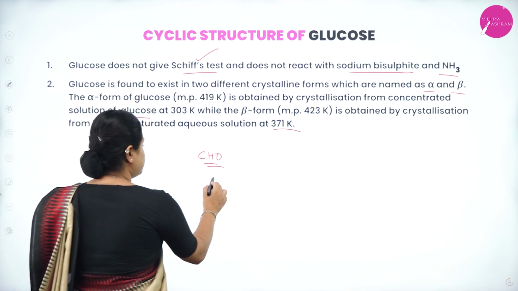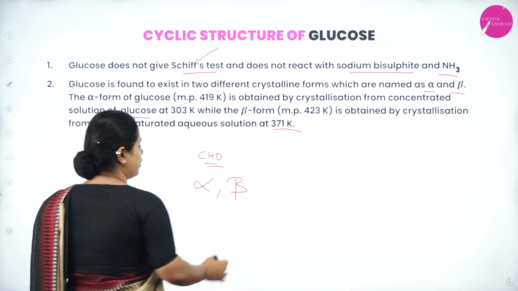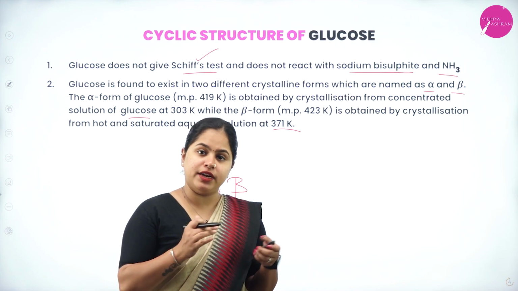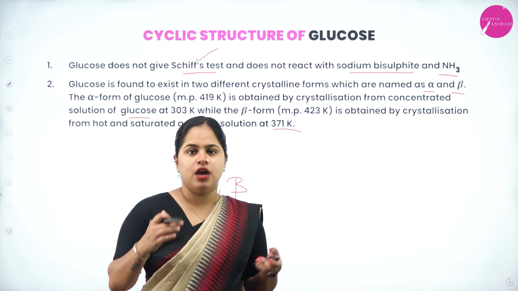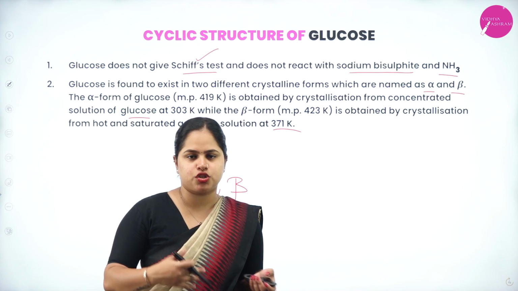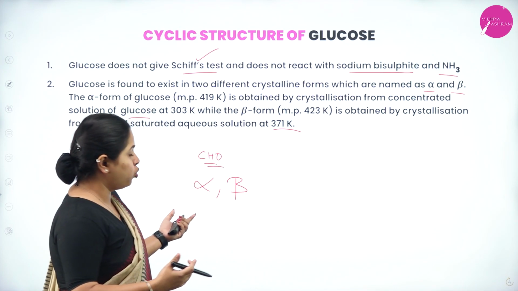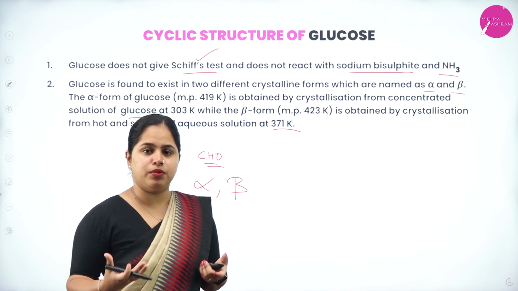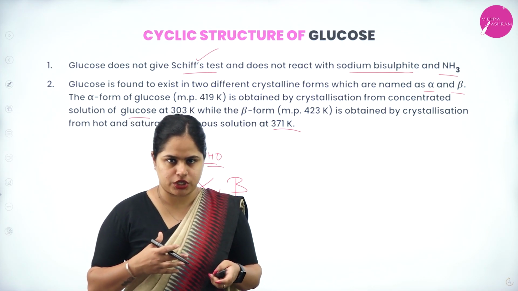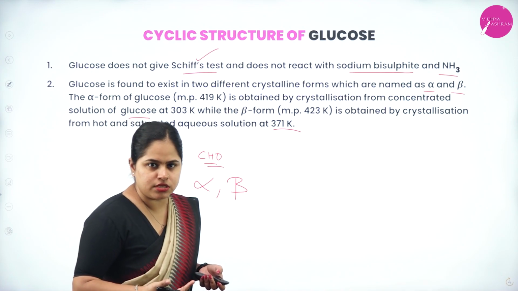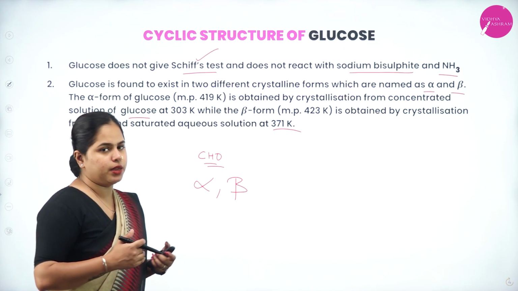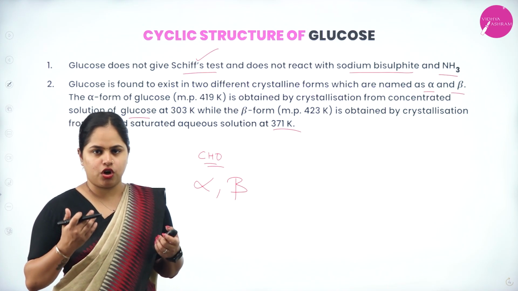We have already studied how to identify D and L, as well as plus and minus, that is dextro and levorotatory. Now there are 2 other forms, alpha and beta, which could not be explained using the open structure. So these were the limitations, because it was not showing Schiff's test, and the alpha and beta forms were not explained.